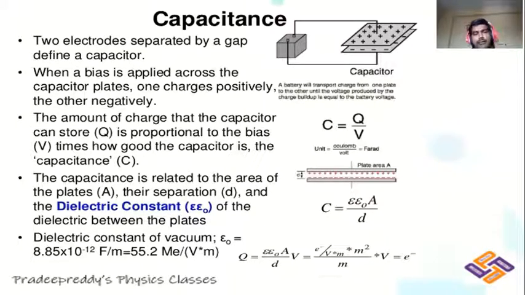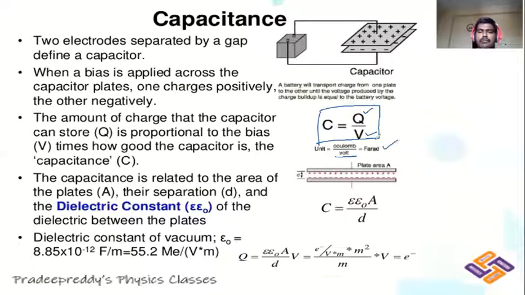And as we already know, electrical capacitance C is equal to Q by V, that is what we discussed earlier. C is capacitance, Q is charge and V is potential. Q has unit coulomb and V has unit volt. Coulomb per volt is the farad. So farad is the largest unit of electrical capacitance.